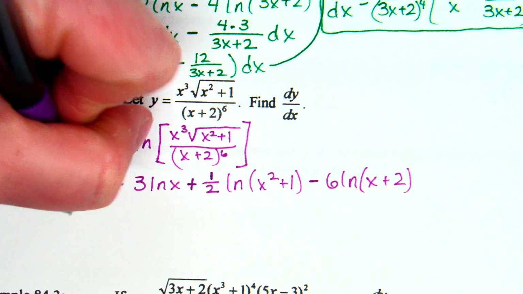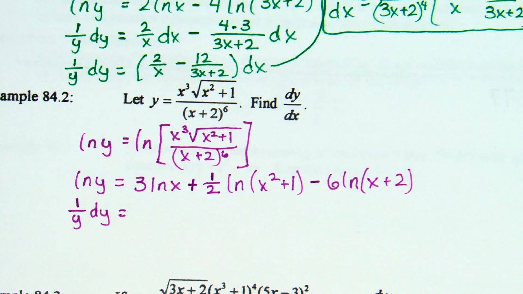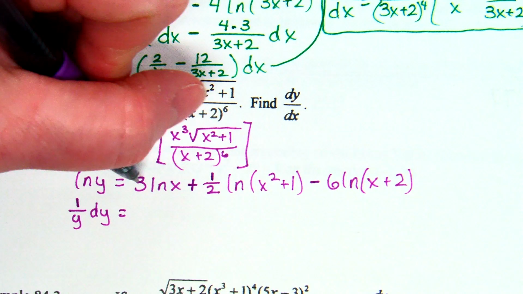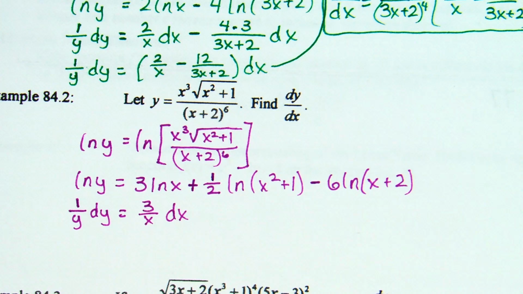So in this case, 1 over y times dy. Then 3 natural log of x. So what's the derivative of natural log of x? It's 1 over x. We already have that 3. Chain rule doesn't do anything for me here. So 3 over x dx.